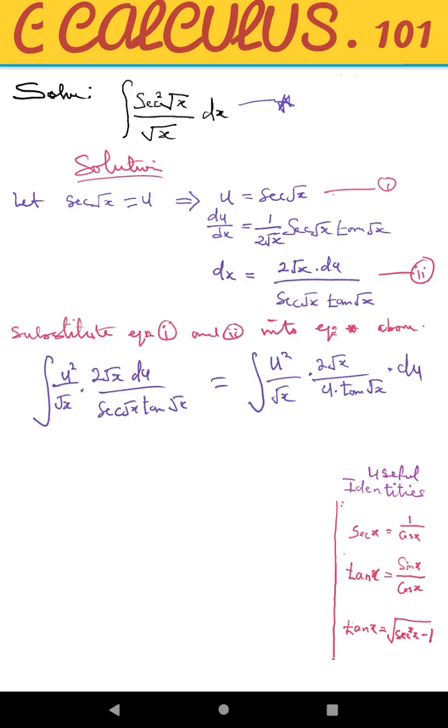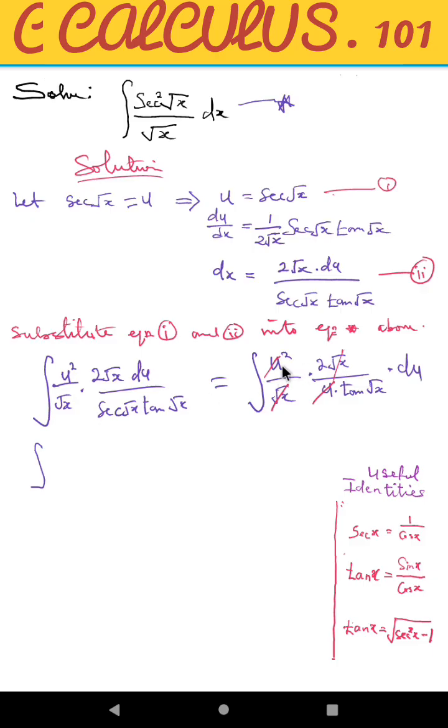Now we can cancel out root x with root x, and u can cancel out u here as well. So I'll be left with the integral of one u left here.